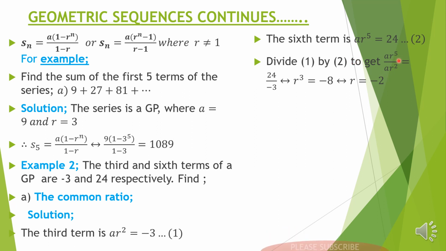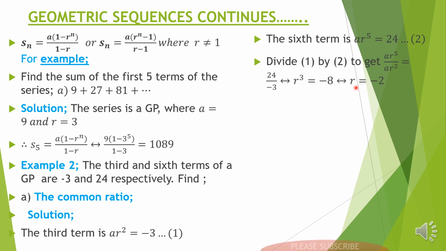That will be AR to the 5 over AR squared equals 24 over -3. Realize A will cancel, and the powers of R will reduce to R cubed. So R cubed equals -8. To get R, I'll take the cube root of both sides. Remember, the cube root of -8 is -2.